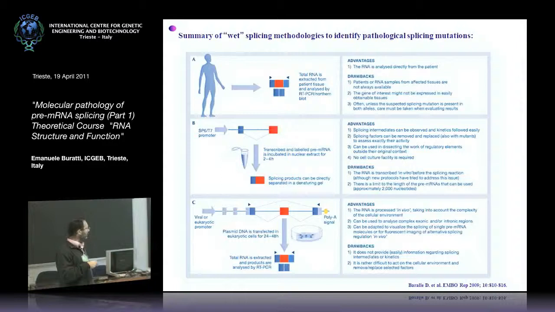This mini-gene is transfected into cells, and you can just see using RT-PCR whether there is a difference in the inclusion of the exon between the wild type sequence and when you insert the putative splicing mutation.